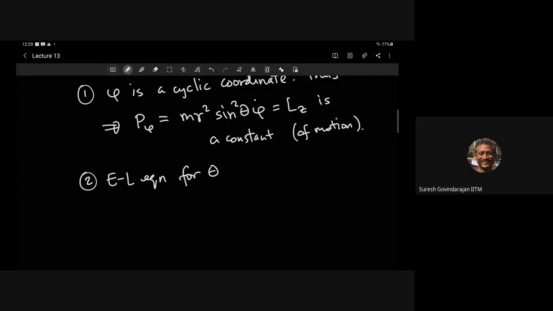No, I want to do something simpler. So I want to say that the vector L itself, here we have shown Lz is a constant of motion, L is a constant of motion.